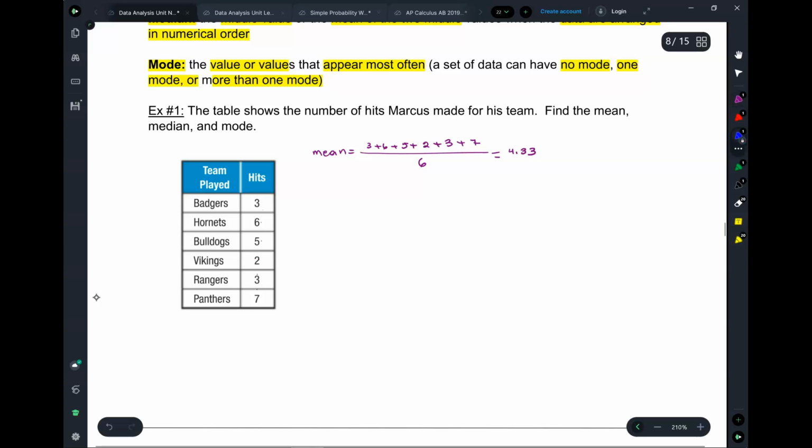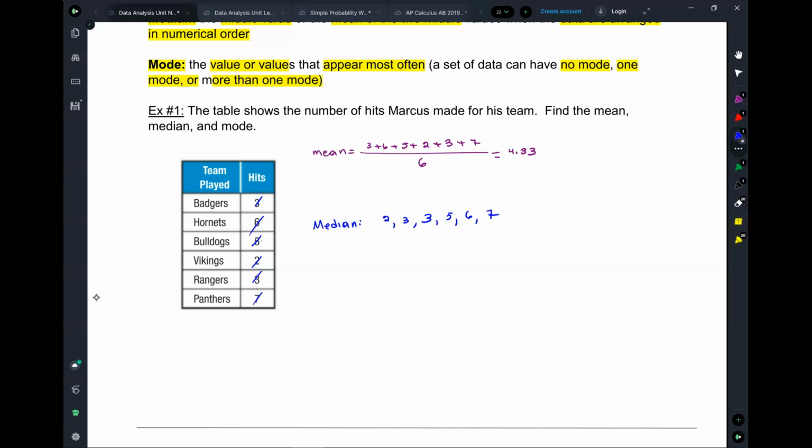Okay, for the median, you first have to sort these in increasing order. I like increasing order, so start from the smallest one. That's a 2. Then we have 2 3s, a 5, a 6, and a 7. I like to cross them out as I go because it's easy to miss, right?